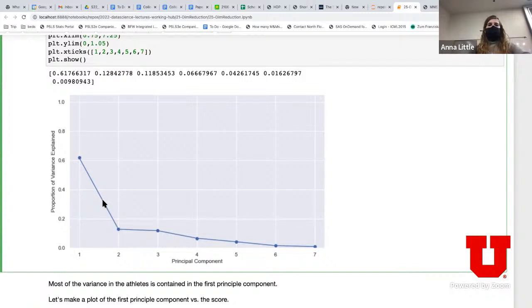That doesn't tend to be great all the time, because a lot of times you'll have really big jumps in the beginning where the eigenvalues are large. And so that kind of heuristic can lead you to maybe not keeping enough dimensions. Another thing you can look at is the ratio between these different values. Try to pick the point where the ratio of those things is maximized. So there's different methods that you can do. The main thing is just to be aware of what is the percentage of variance explained by each component, so you can make a good call on how many you think you should keep.